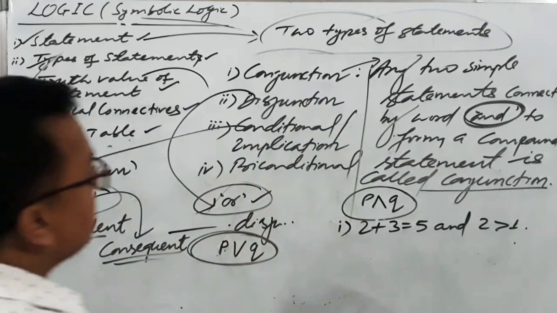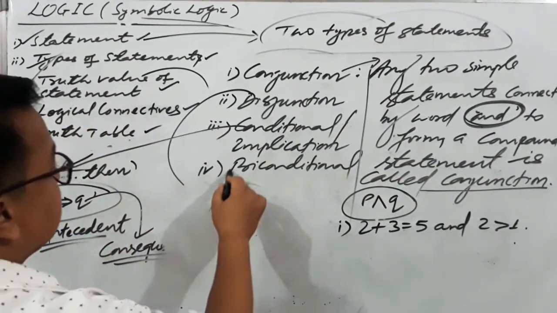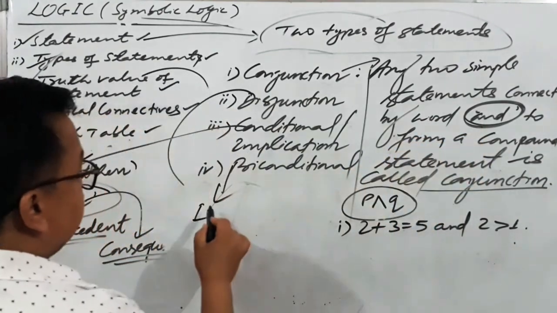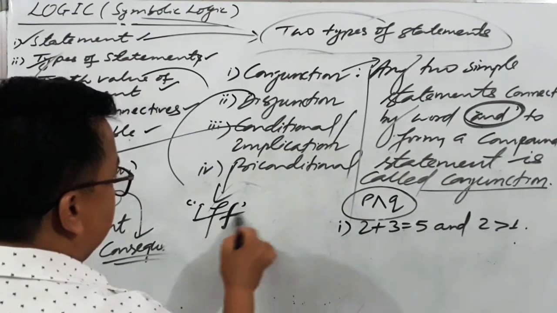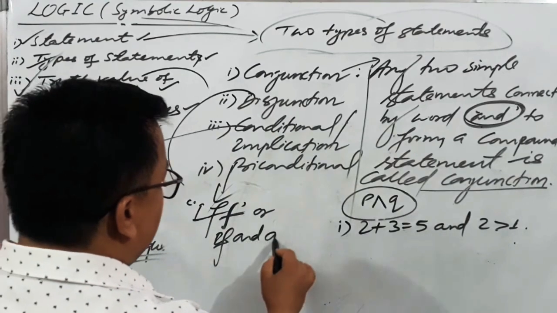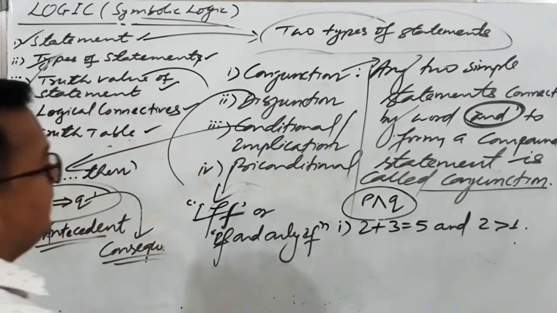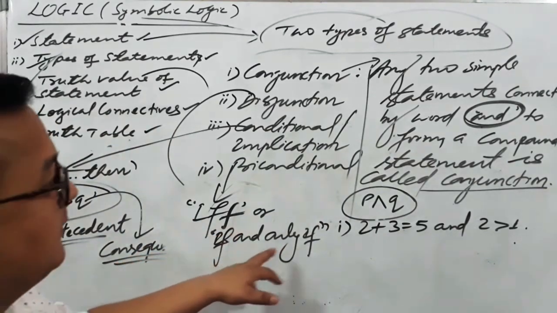The last one is the biconditional. In the biconditional, the connecting word is IFF, or we can read it as "if and only if".